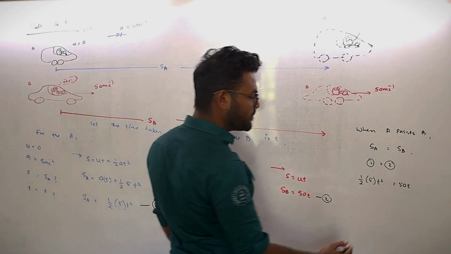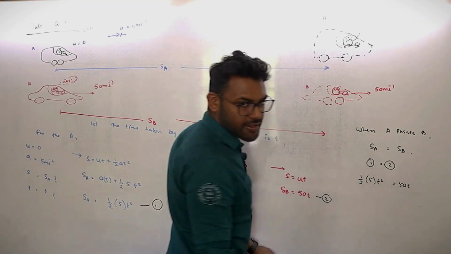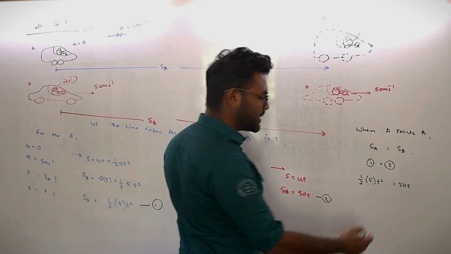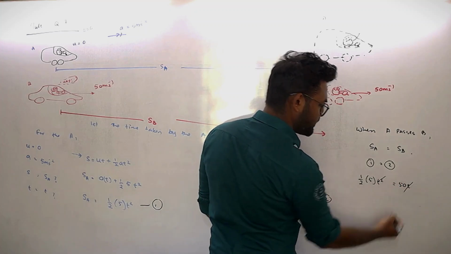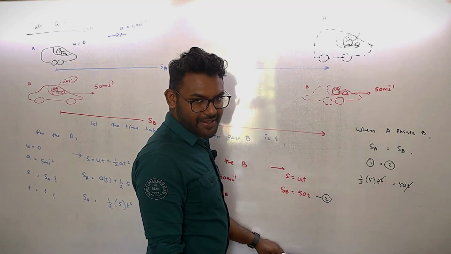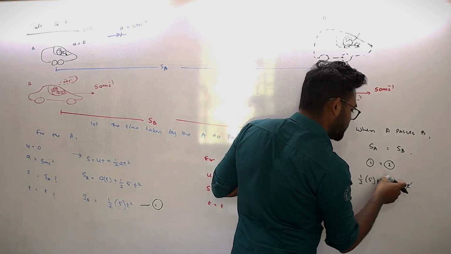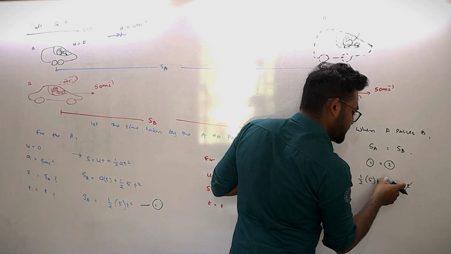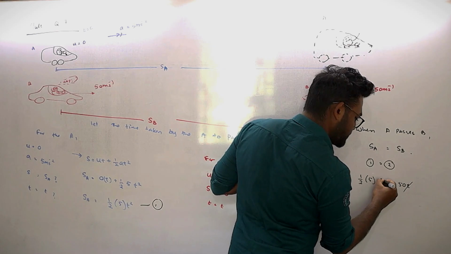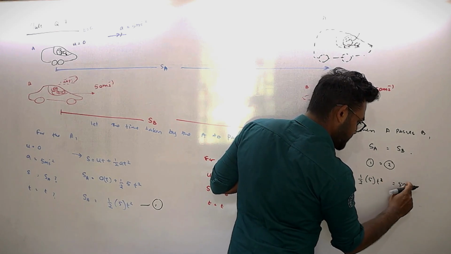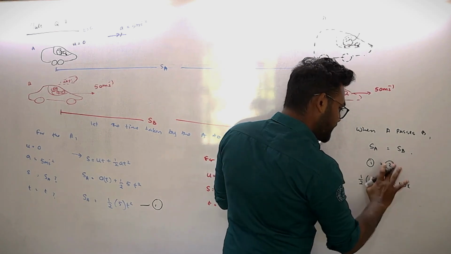Maybe you are thinking we can cancel off one t. You can do that, right? Like that, you can cancel off one t. But it's better to have the practice, guys, not to do it like that. Let me show you why. Surely you can do that one, right?